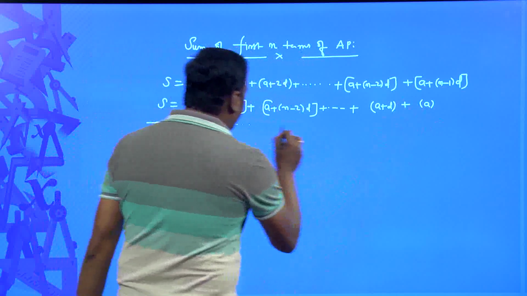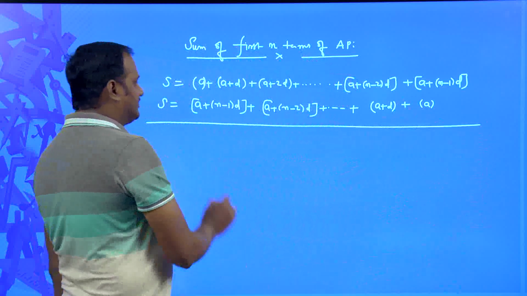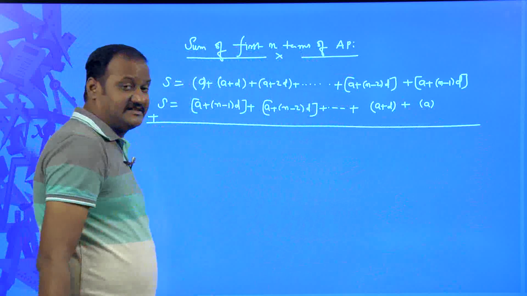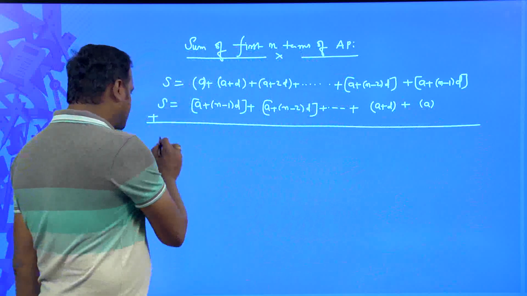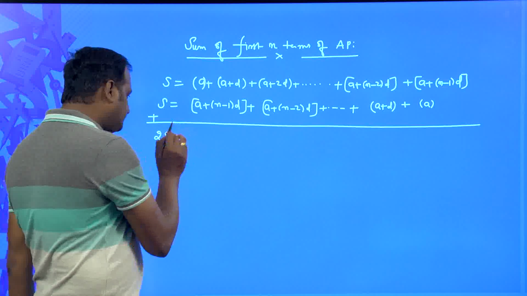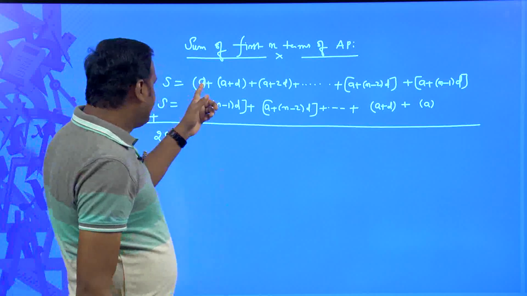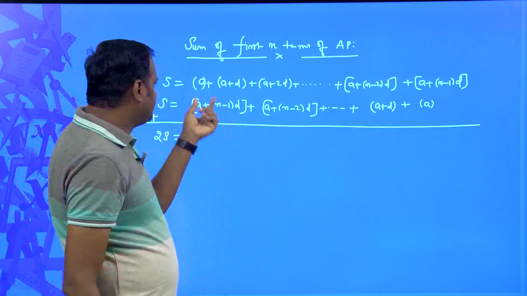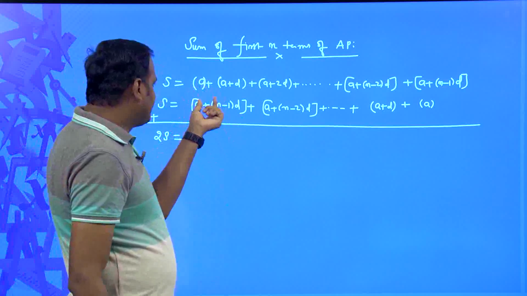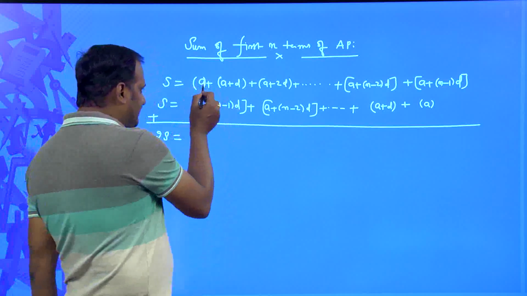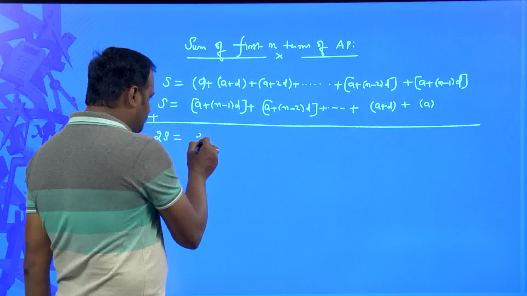When you add the corresponding numbers of these two series, S plus S is going to be 2S, which is equal to A plus A plus n minus 1 into D. You will have to add these two. There is 1A plus 1A, which is equal to 2A.